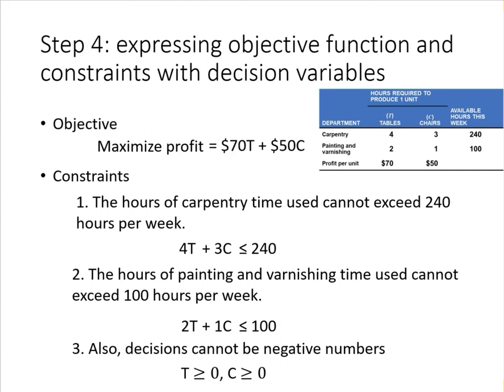You can produce 0 tables or chairs, that's fine, but you cannot produce negative tables or chairs. Just as a reminder, in this course, we will assume all decision variables are non-negative. So in other words, you will always have these non-negativity constraints in any problem.